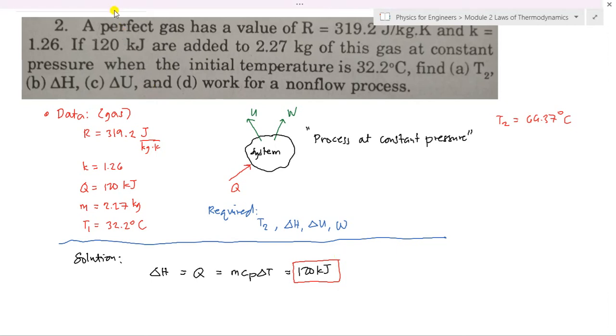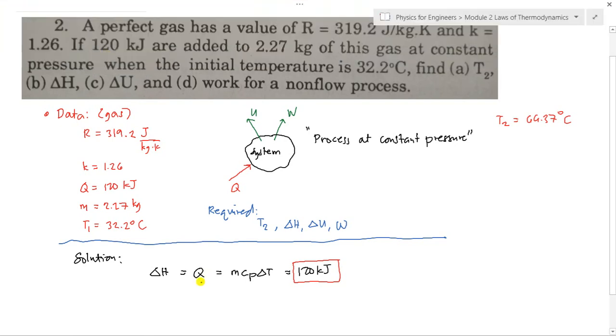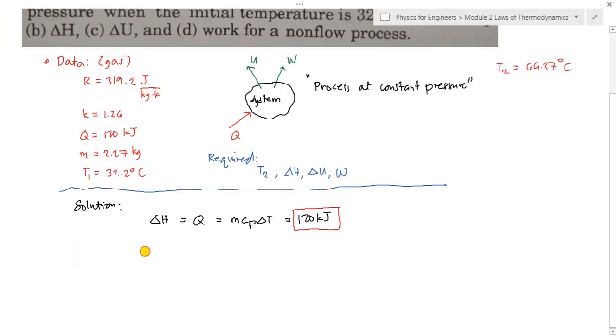Now, for work at constant pressure, we have work is equal to P dV, that is P times V2 minus V1.